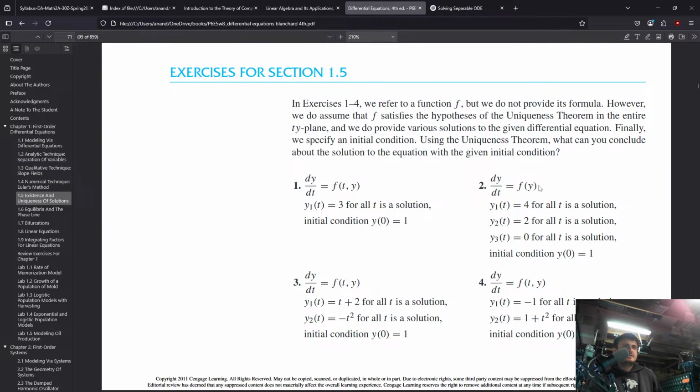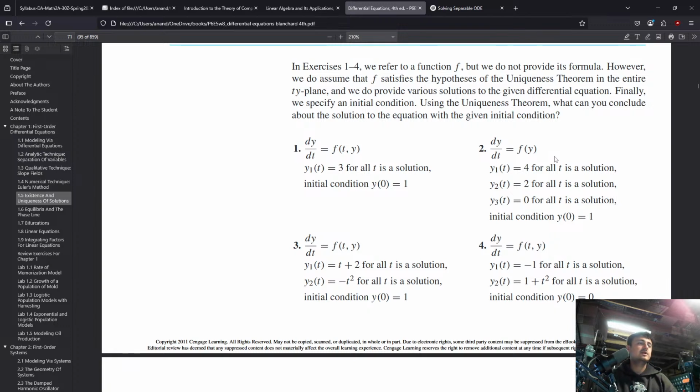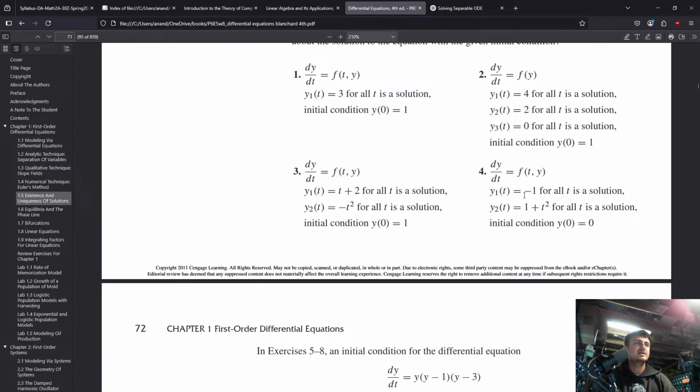I feel like the fact that it's autonomous means that maybe we know something even more. All right, we'll jump back to that one. I want to check my answers on a lot of these because I got a quiz coming up. Okay. All right, now we're given two solutions.